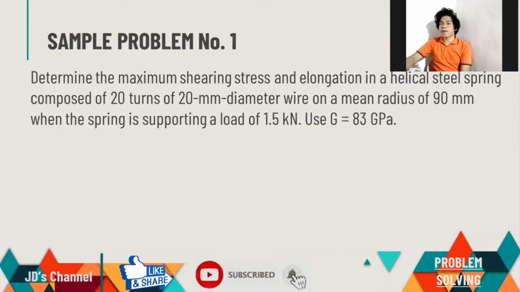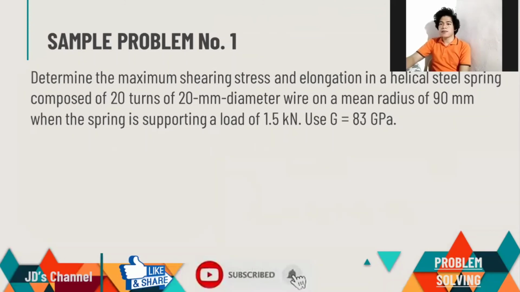Determine the maximum shear stress and elongation in a helical steel spring composed of 20 turns of 20 mm diameter wire on a mean radius of 90 mm when the spring is supporting a load of 1.5 kN. Use G, or our shear modulus, equal to 83 GPa.